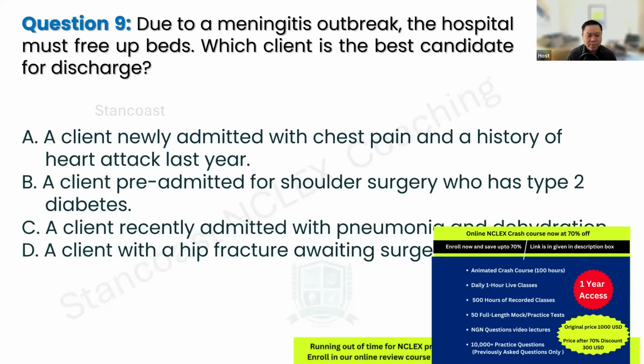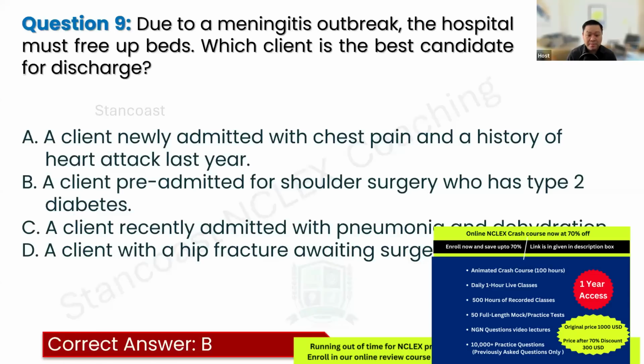And D. A client with a hip fracture awaiting surgery tomorrow. The correct answer here is letter B, because the condition of this patient is stable and they're likely able to manage at home until a new surgery date is set, making them a suitable candidate for discharge.